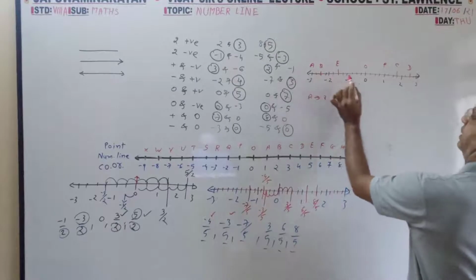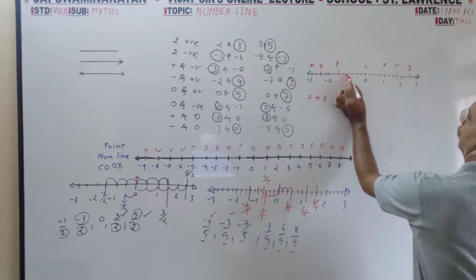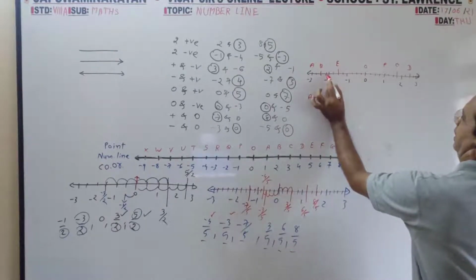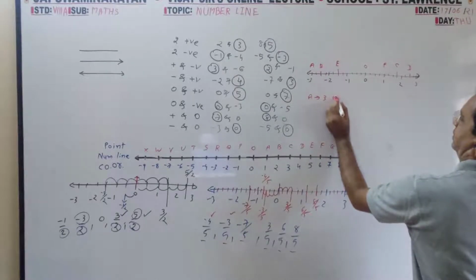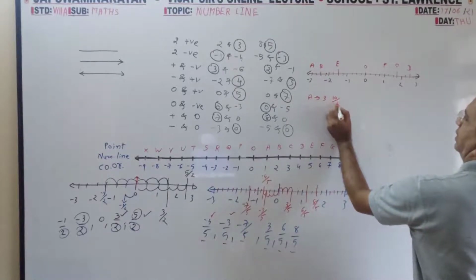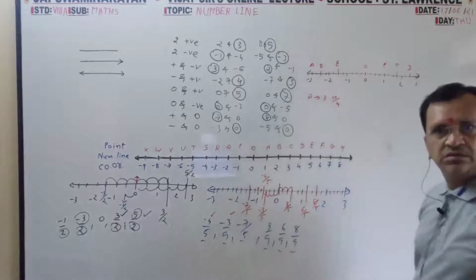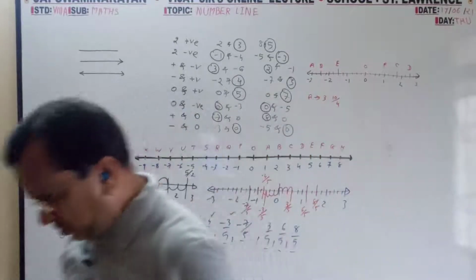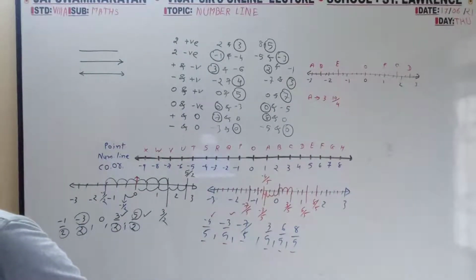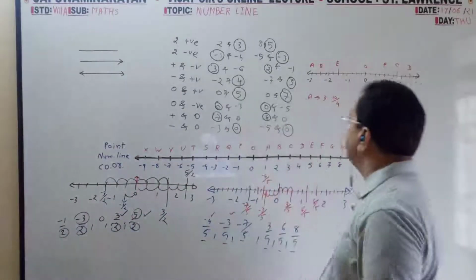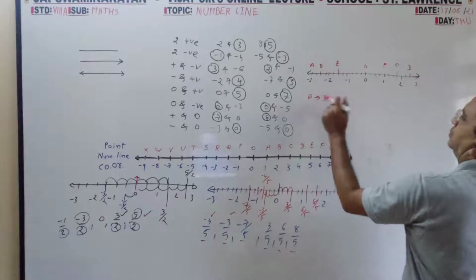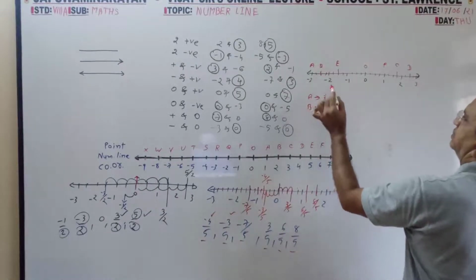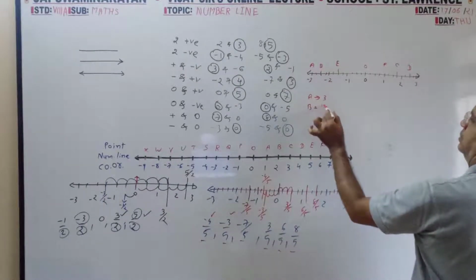What is B? That is from here 4, 8, 9, 10. 10 by 4. No. So B is 10 by 5.